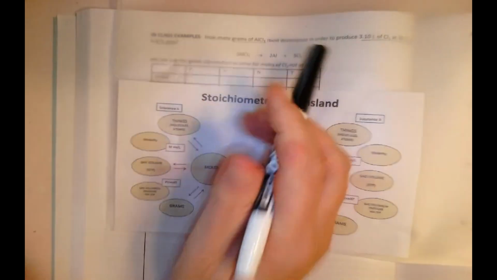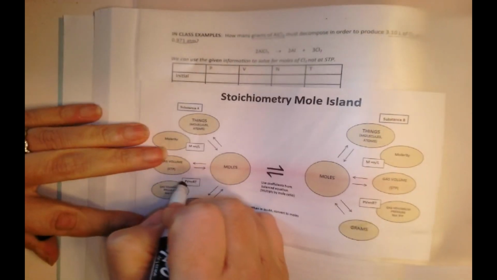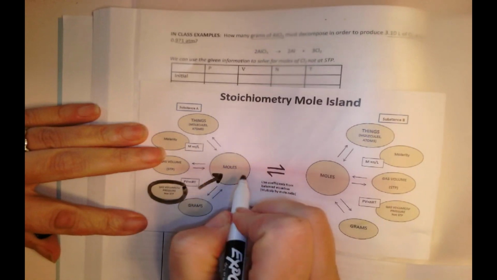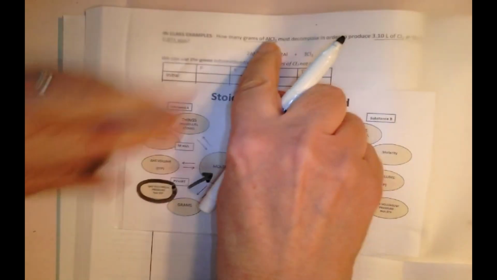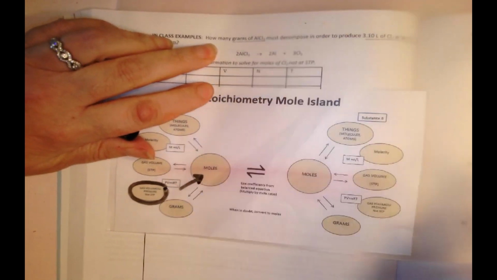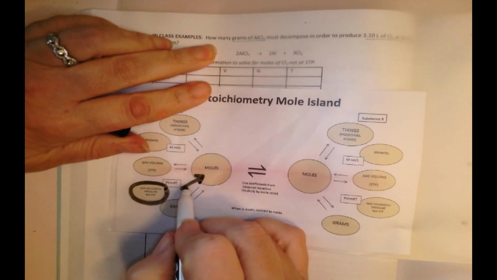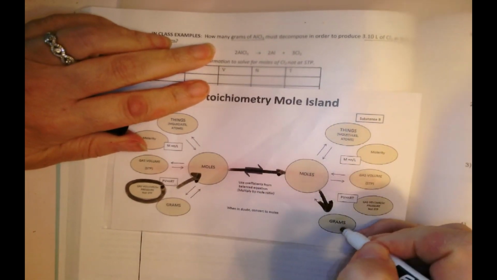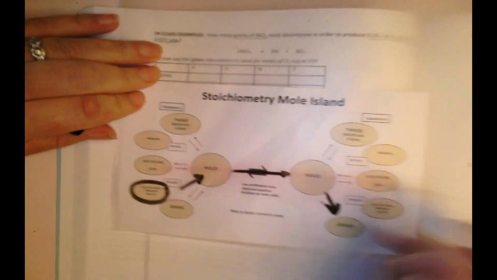So we are going to start at gas volume, not at STP, and we need to use PV equals nRT to get to moles. And then it asks us how many grams must be decomposed. So once I get moles, I go right to grams of the thing that I'm trying to find.